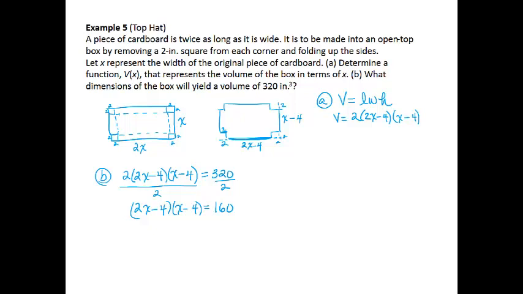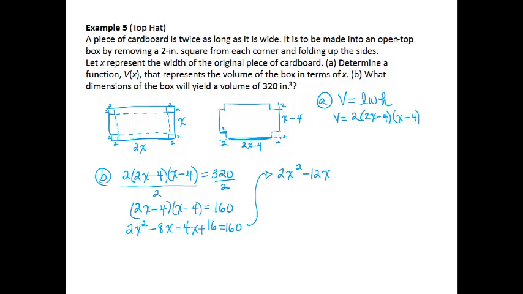Now we need to multiply this out and put it in the standard form of a quadratic equation. We get 2x squared minus 8x minus 4x plus 16 equals 160. So this becomes 2x squared minus 12x. Now we can subtract 160 from each side.